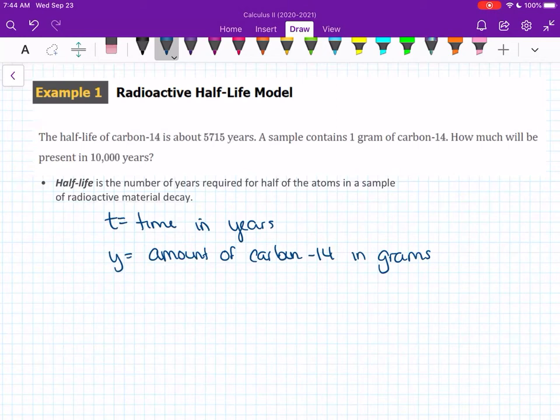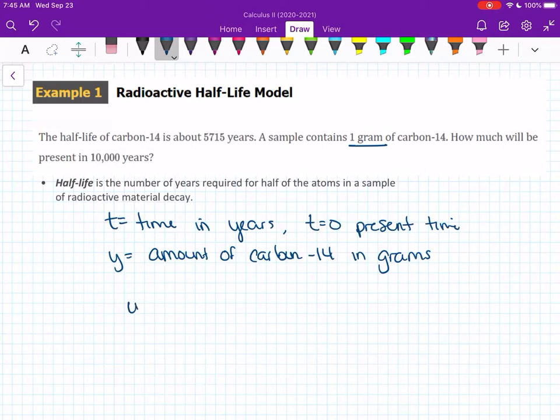We talk about time, but that doesn't really help. We have to figure out when t equals 1, that's 1 year of what? So I want to make sure I say that t equals 0 is present time, and present time is when I have 1 gram. All right, so let's set up our model.